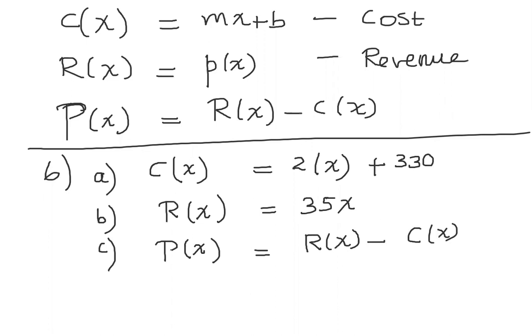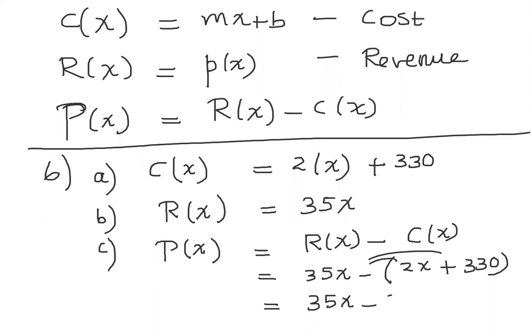So R of x is 35x minus C of x, which is 2x plus 330. So distribute this negative sign. So we get 33x minus 330. So this is our profit function.